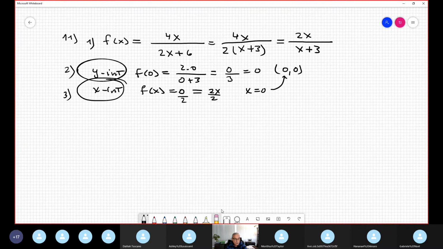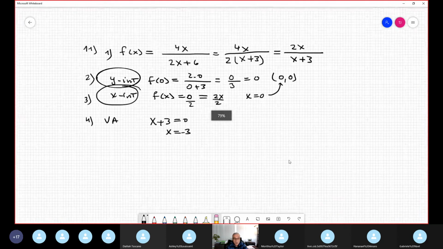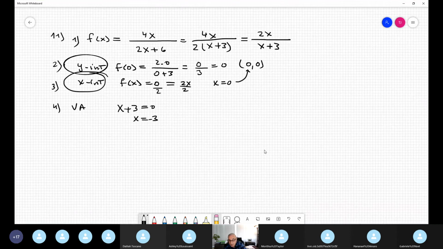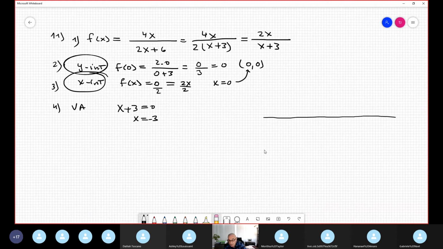Third step, that was the first. Number 4 is the vertical asymptote. For the vertical asymptote, you take the polynomial in the bottom after the simplification, equal to 0. It's -3. And this is the moment I like to start at least the rough graph by hand.